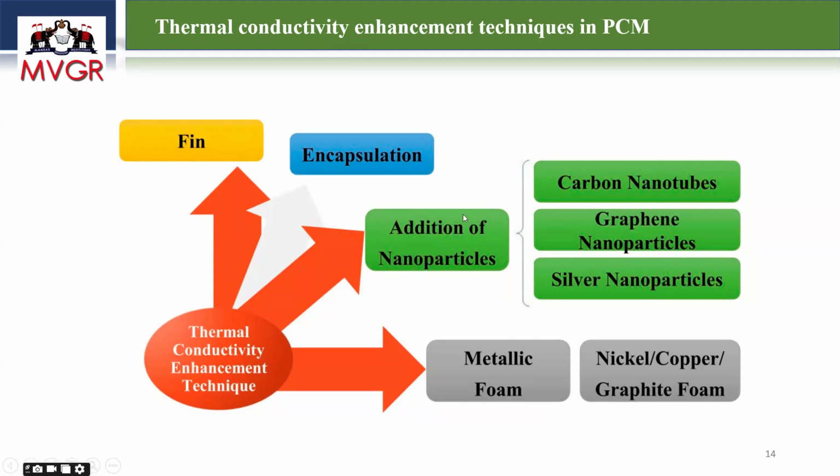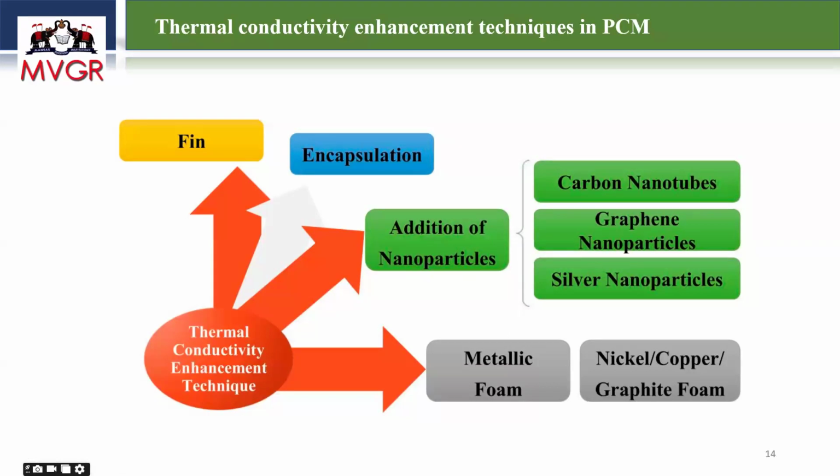And also we can disperse some nanoparticles. Let us take high thermal conductive nanoparticles like copper nanoparticles, copper oxide, silver oxide, and some carbon-based ones. Nowadays the most popular nanoparticles are carbon-based structures, like multi-wall carbon nanotubes, graphene, and silver nanoparticles. If you mix these with the phase change material, we can obviously improve the thermal conductivity.